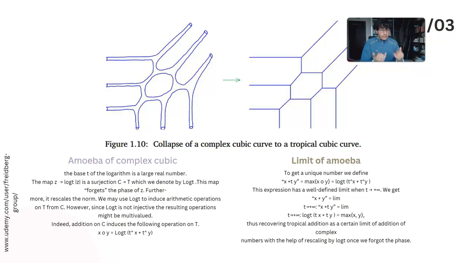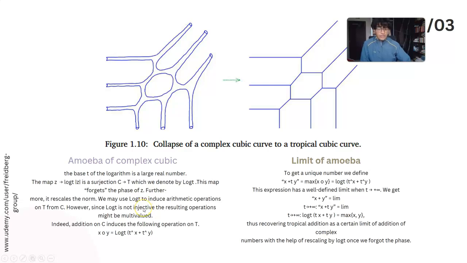So log is a kind of function that splits multiplication into addition, right? If you had log of x into y, you make it into log of x plus log of y. This completely simplifies a whole bunch of stuff. So we may introduce arithmetic operations such as a tropical plus or a tropical multiplication.